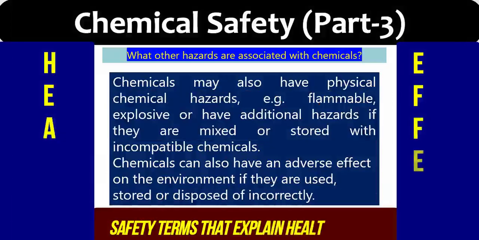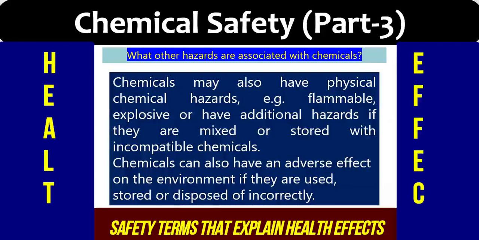Chemicals may also have physical hazards. For example, they may be flammable, explosive, or have additional hazards if they are mixed or stored with incompatible chemicals. Chemicals can also have an adverse effect on the environment if they are used, stored, or disposed of incorrectly.